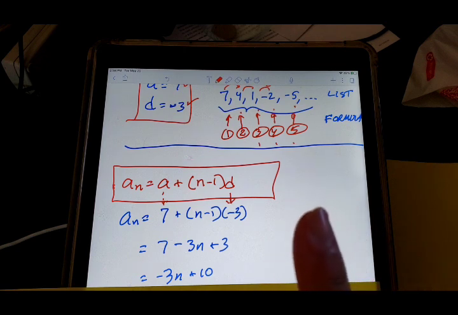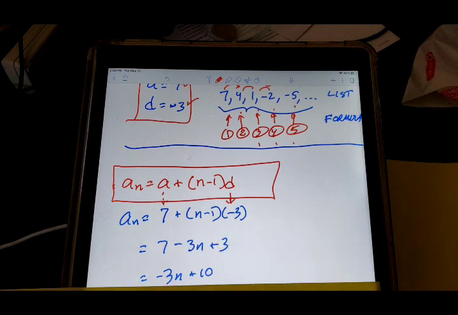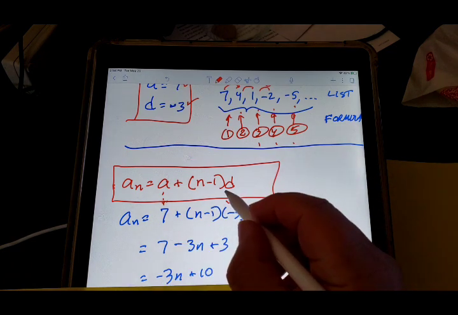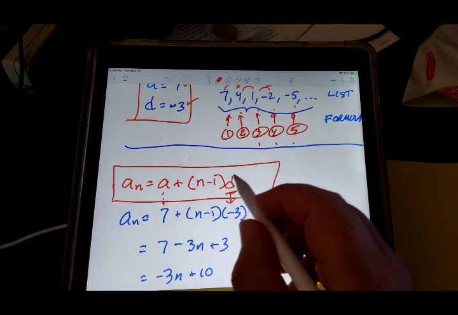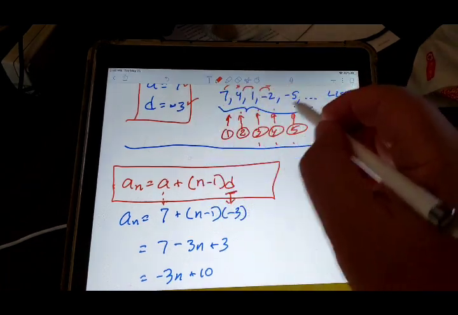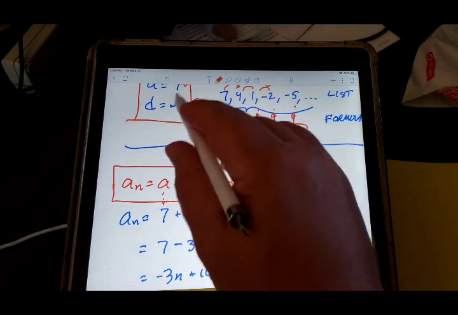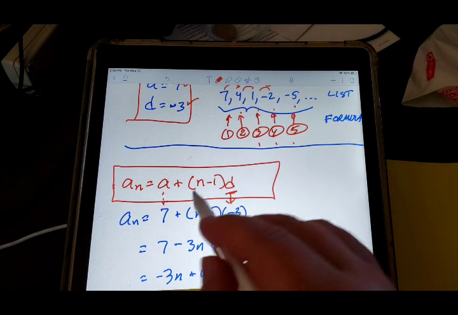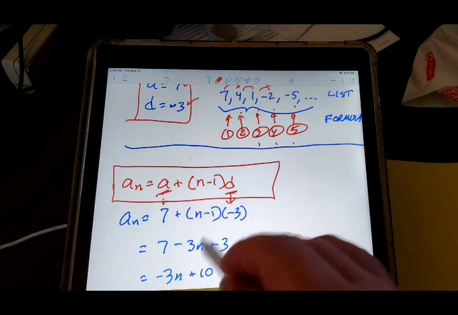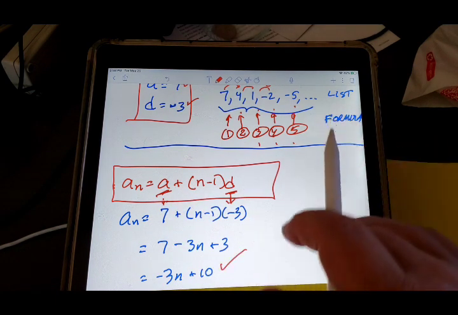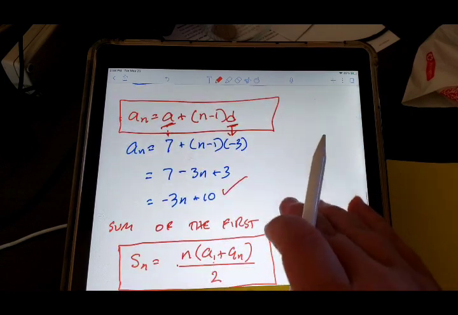All right. So again, this is the formula for arithmetic sequences. D means we're adding the same thing every time. It's negative in this case, but we're adding the same thing every time. And A is the starting value, and we can just substitute it and plug it in. So pretty nice formula to know.